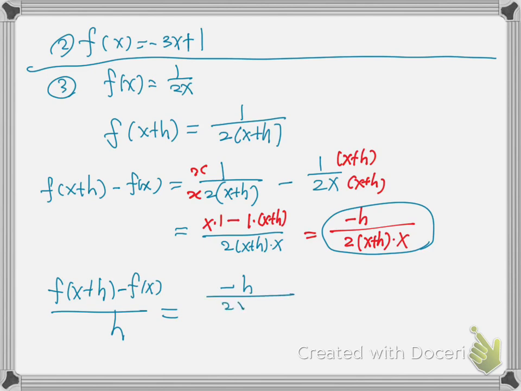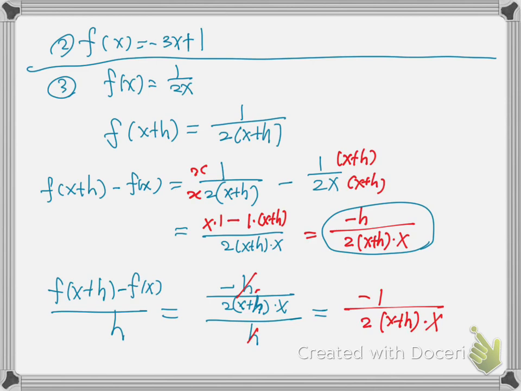Now h cancelled, so this will be negative 1 over 2 times x plus h times x.